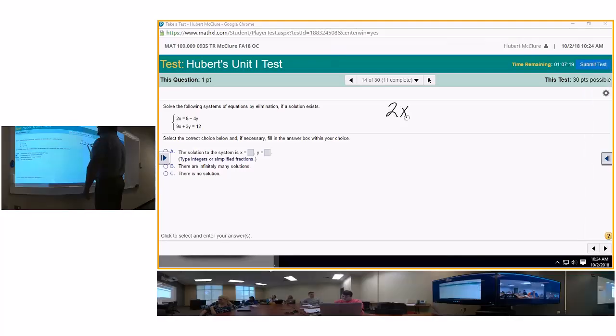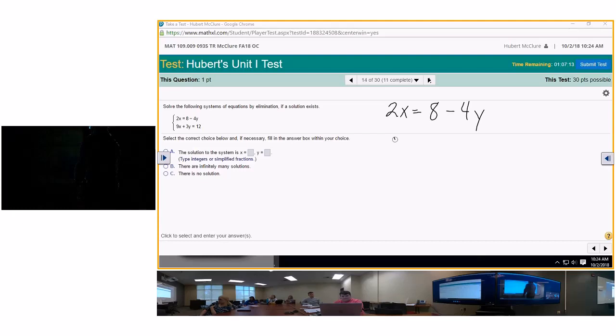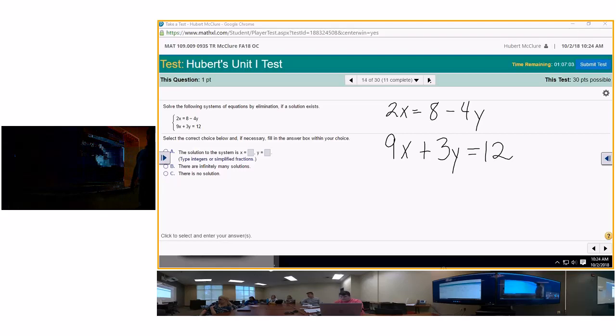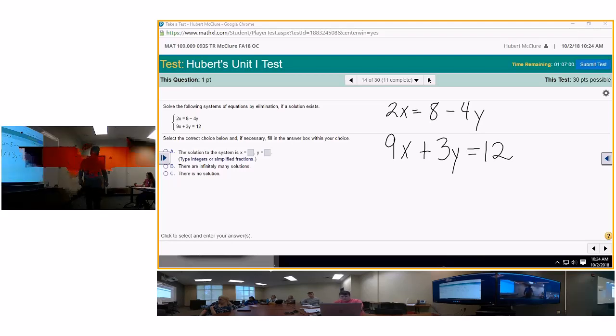And a lot of people say, well, Hubert, you put a lot of elimination and substitution. Why do you think I did that? Intersection of curves. Area under a curve. You got to find the what? The intersection point. Y'all have to be able to find the intersection point of two lines, two curves.